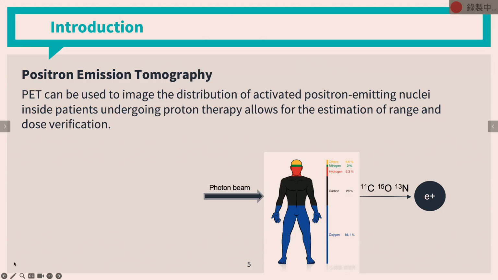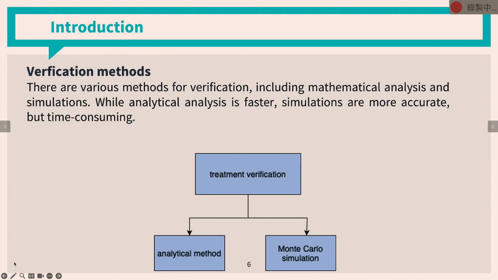Currently, there are many methods for verification, but all of them, including Monte Carlo simulations, analytical calculations, and deep learning approaches, have their limitations. Monte Carlo simulations are extremely time-consuming and are mainly used for research purposes, not yet fully implemented in clinical range verification systems.